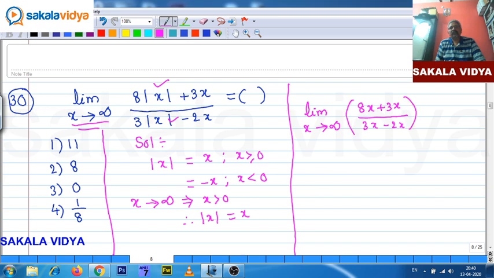So let it be simplified now. So this equals 11x by x, limit x approaches to infinity. X gets cancelled. If limit is applied to a constant function, you get the constant only. So 11 is the right answer.